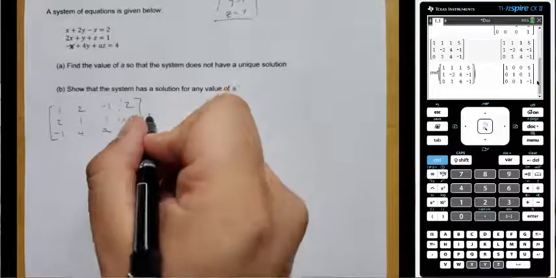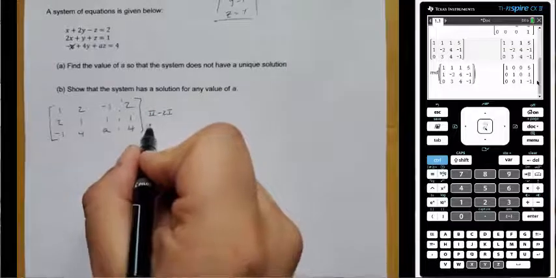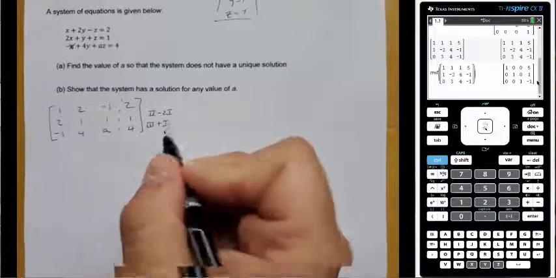So I think I'm going to take row 2 and subtract 2 copies of row 1. I'm going to take row 3 and just add 1 copy of row 1.